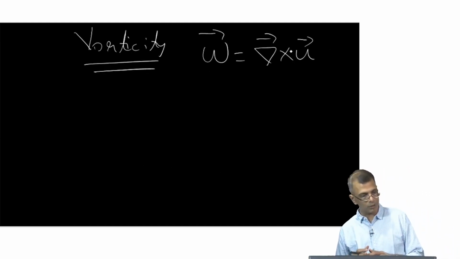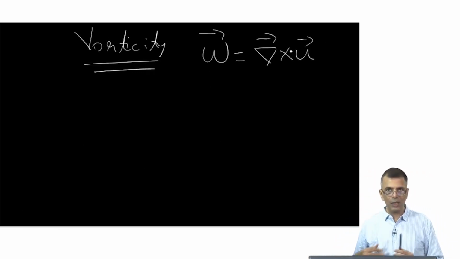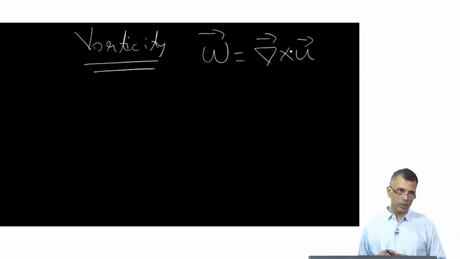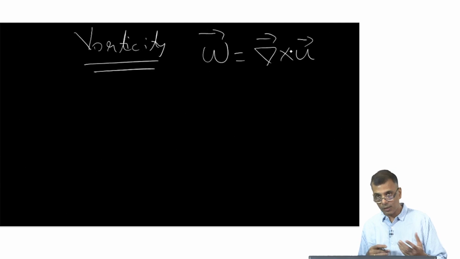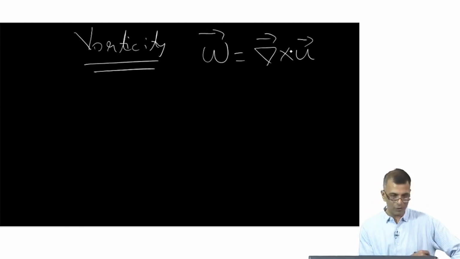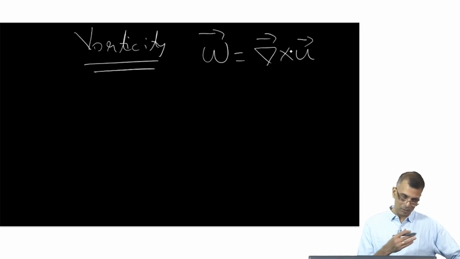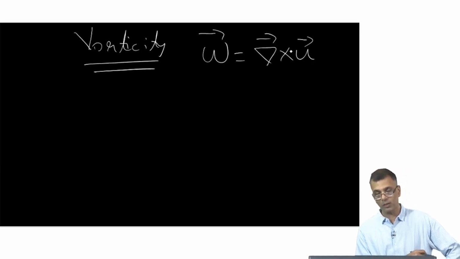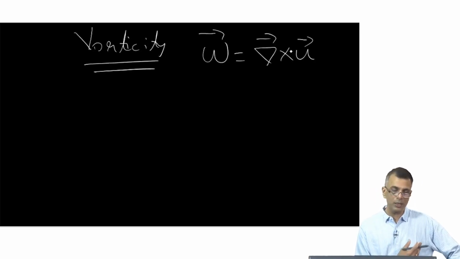And as we've discussed several times before, it's only in a viscous flow that you expect the flow to be rotational. This is enough to anticipate one of the results coming up very soon, which is that there's a closely related quantity called circulation, and this quantity is conserved in an inviscid flow.